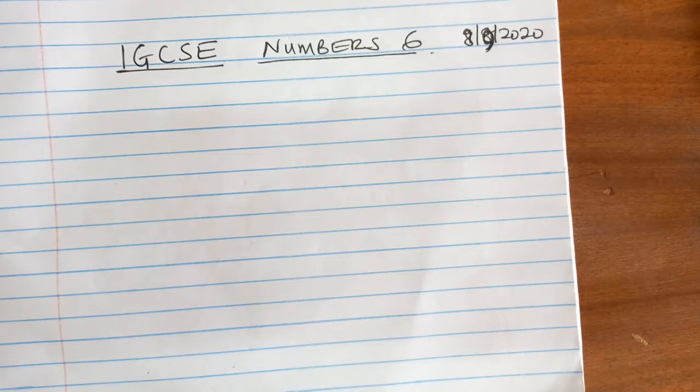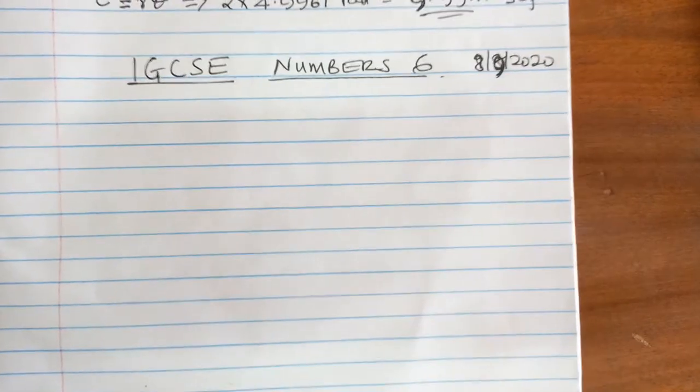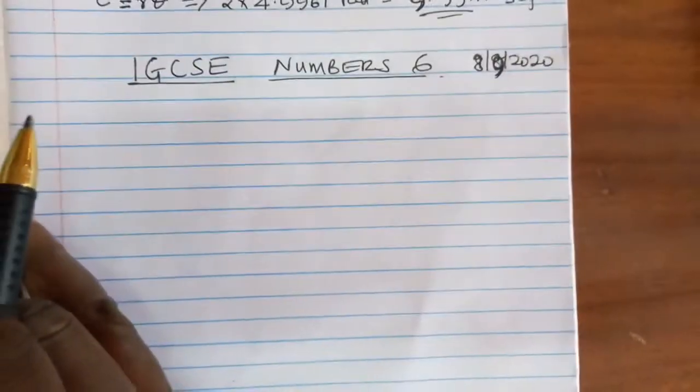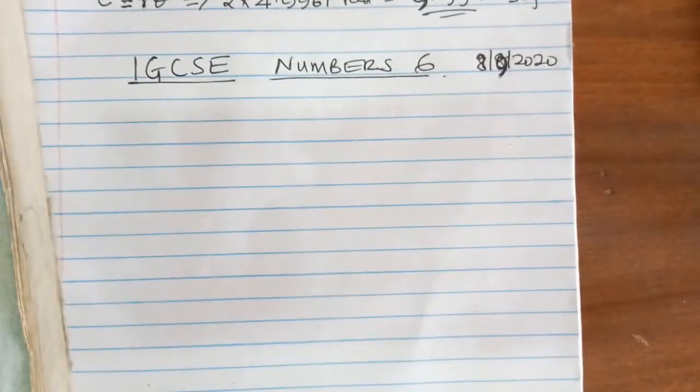In this video, I want to introduce you to Excel International IGCSE 9-1 Mathematics A. And of course, we'll be dealing with Student's Book number 2. This is where candidates begin now.